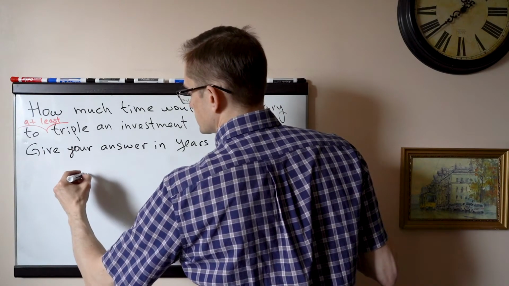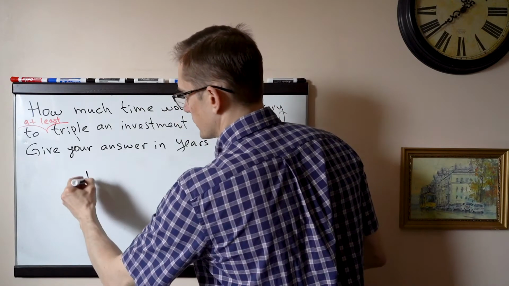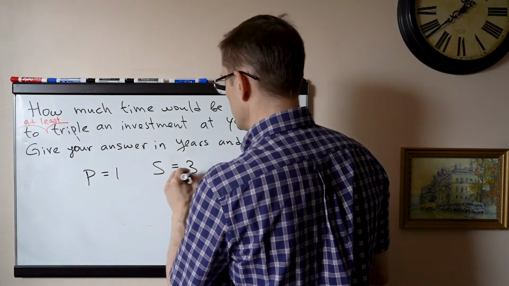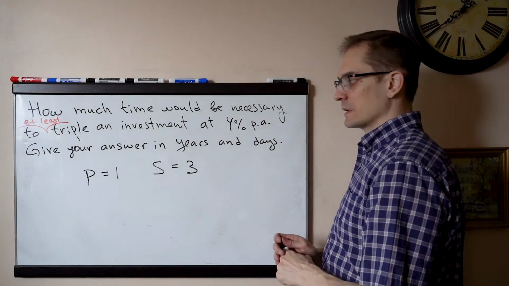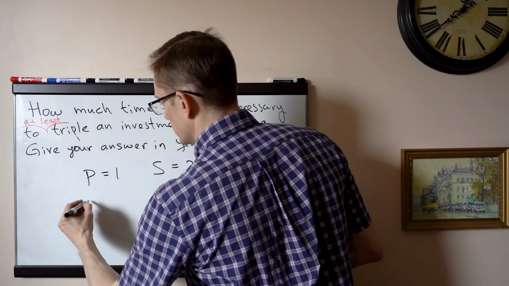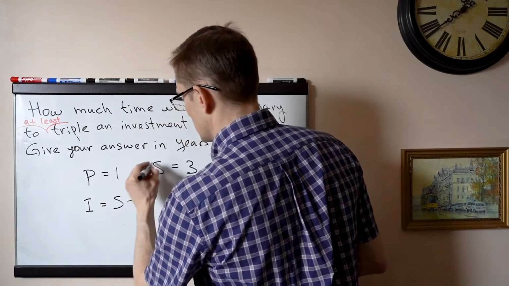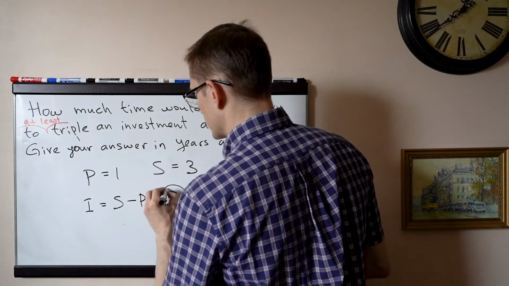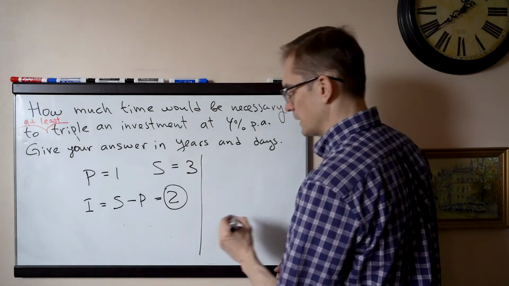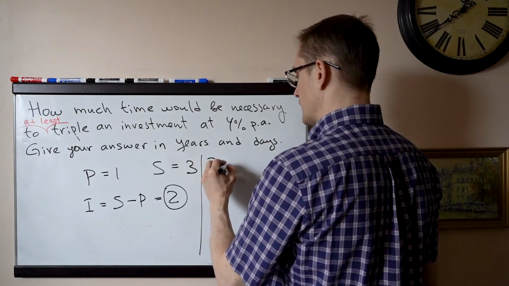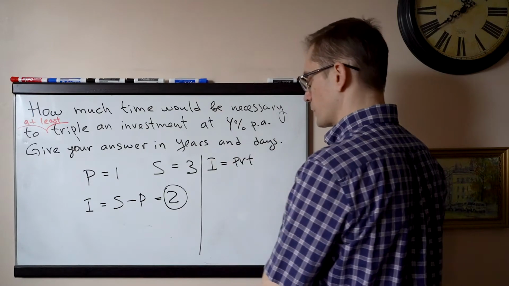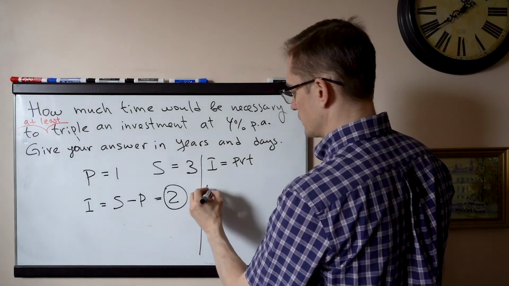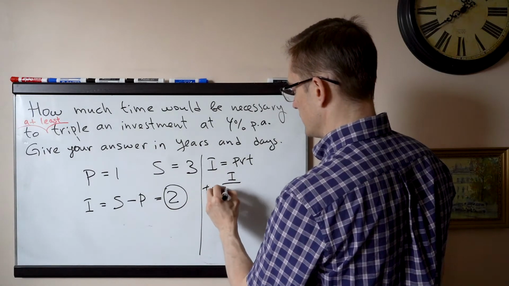So your principal is 1 and your simple future value would become 3, right? So in this case, what is your interest? Your interest amount is your simple future value minus principal, which is 2. And you will now use this I equals PRT formula, from which you can deduce time, right? So T will be I divided by PR.